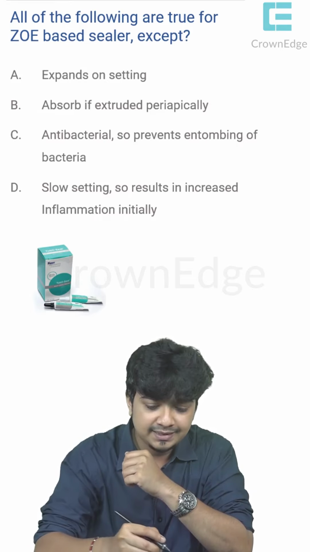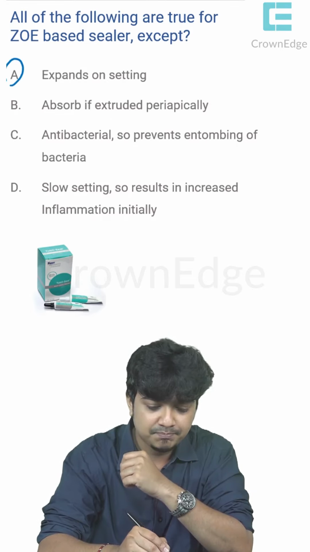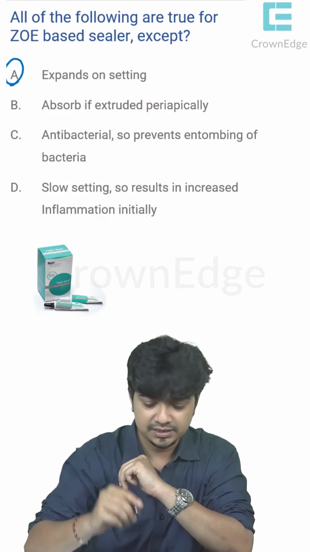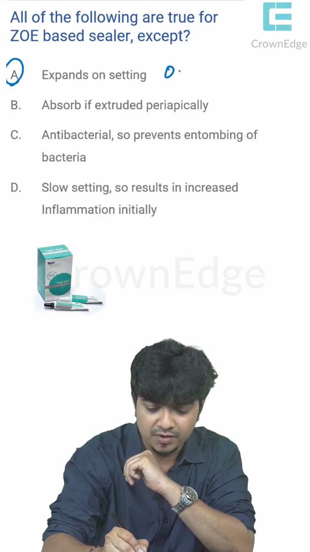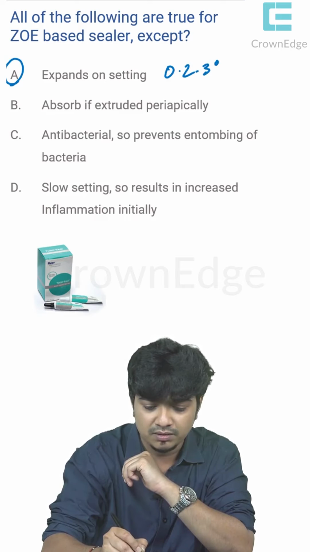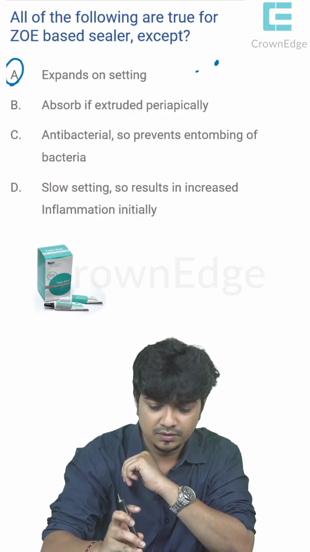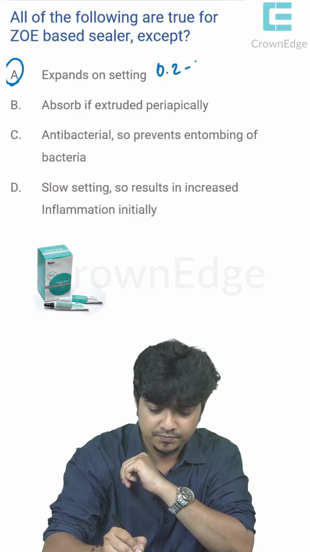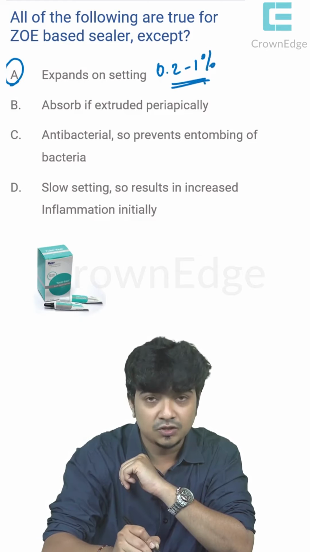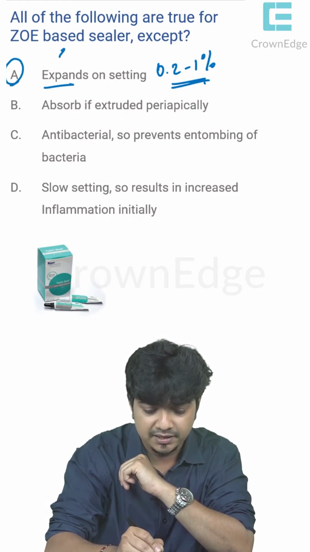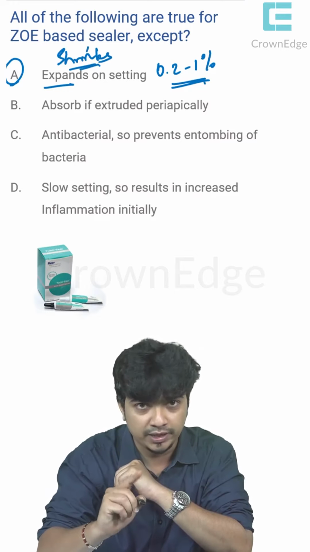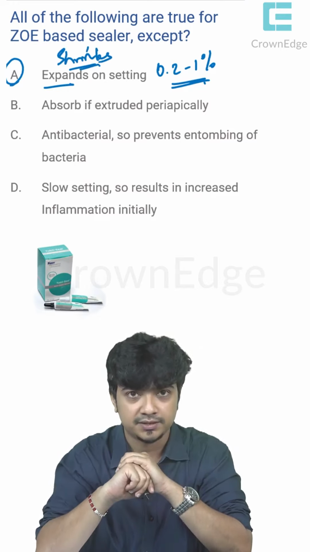Zinc oxide based sealer does not expand on setting, it shrinks on setting. So the shrinkage is approximately in the range of 0.2 to approximately 1%. So this statement is not true regarding zinc oxide based eugenol sealers.